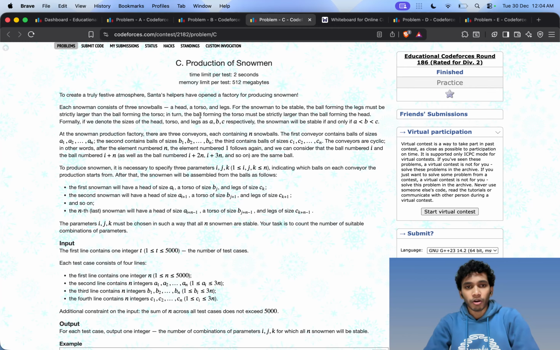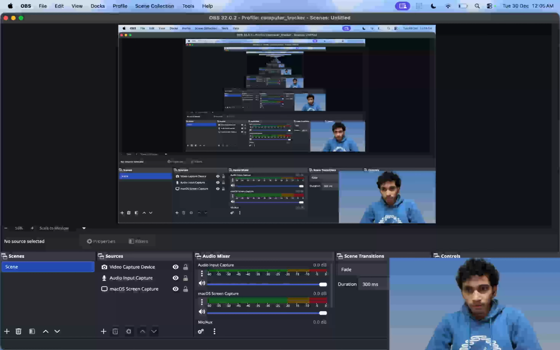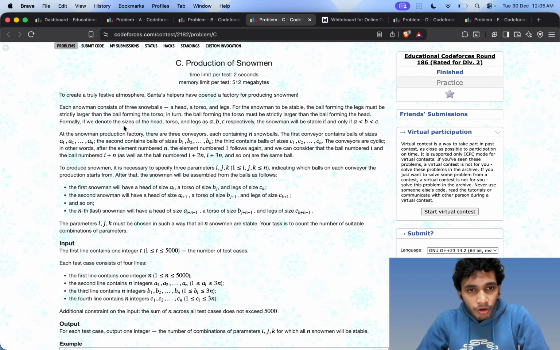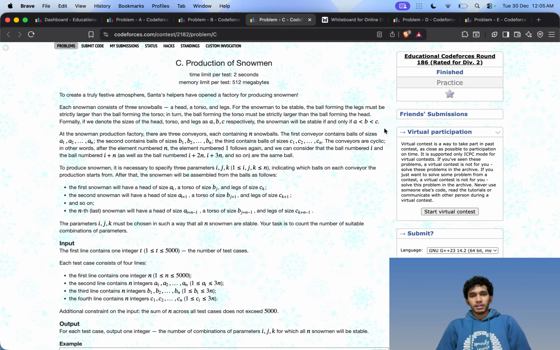In turn, the ball forming the torso must be strictly larger than the ball forming the head. Formally, if we denote the size of head, torso, and legs by A, B, C respectively, the snowman will be stable if and only if A is smaller than B is smaller than C. That is, the head is smaller than the torso and the torso is smaller than the legs.